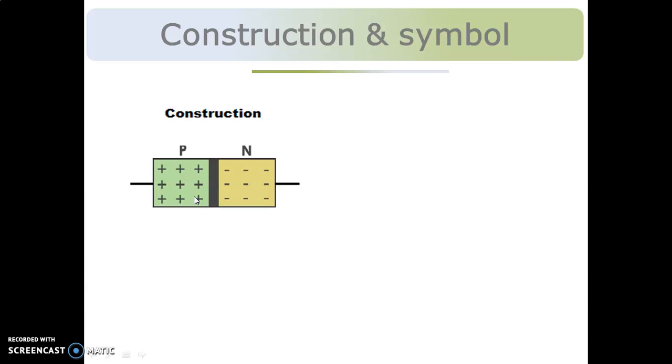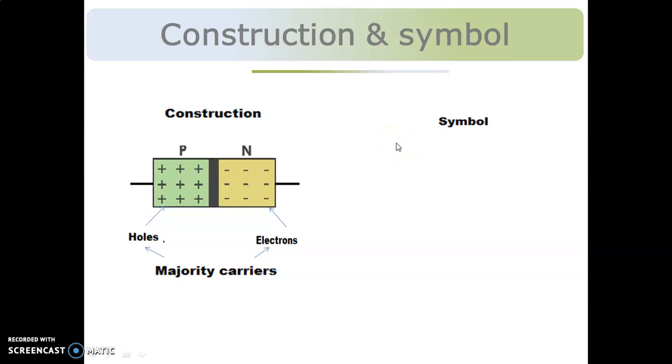A P-type material consists of a large number of positive charge called as the holes, and N-type material consists of large number of electrons having the negative charge. These holes and electrons are called as majority carriers in P and N region respectively.